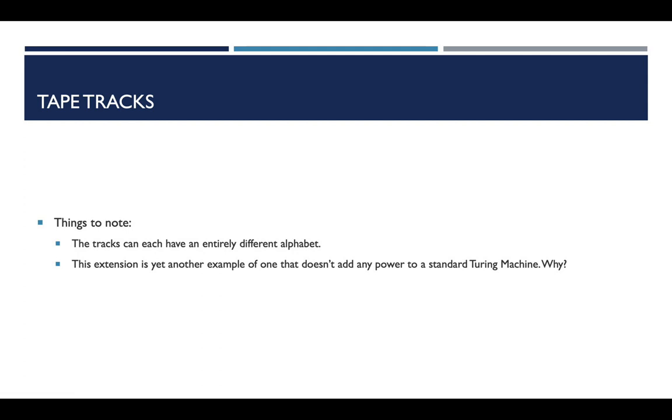The second thing you want to note is that the idea of tape tracks itself is an extension of the standard definition of a Turing machine. So we can think about why we can make that change to the definition without changing the computational power of the machine. At first it might seem really strange, but there's actually a really easy way of doing so.